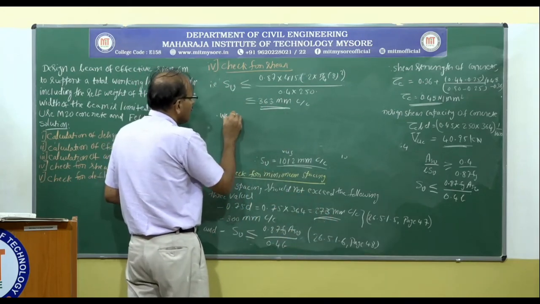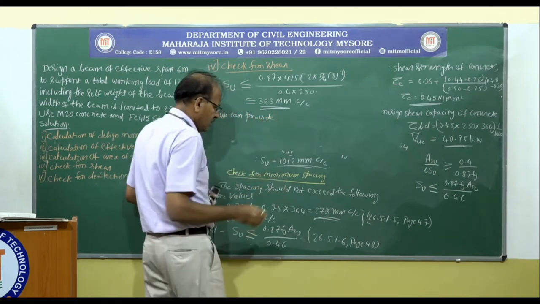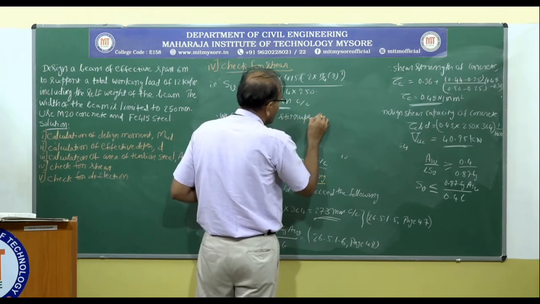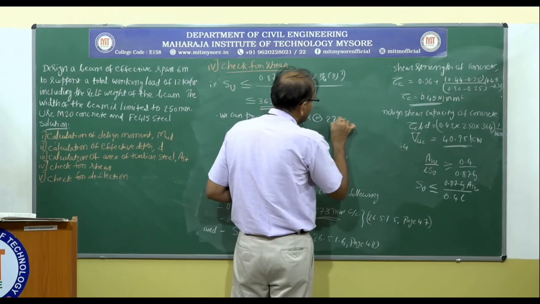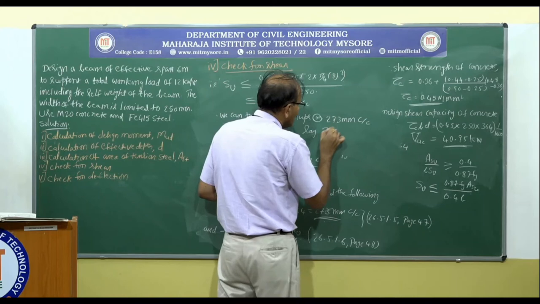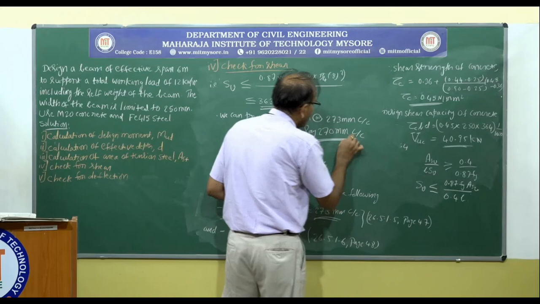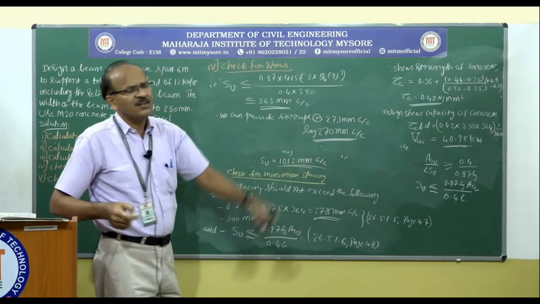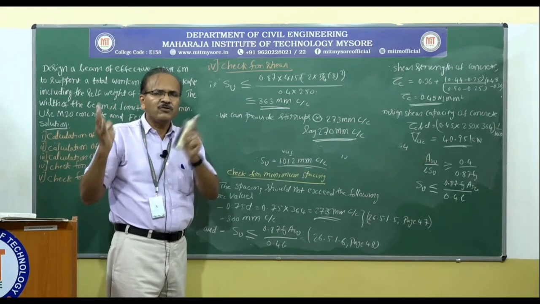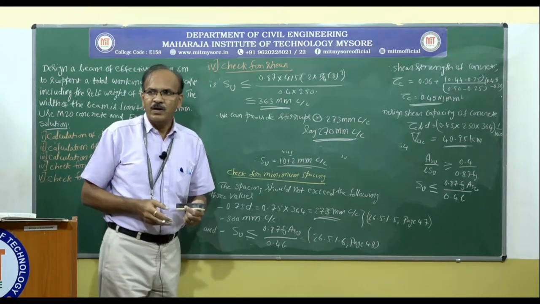Therefore, we can provide stirrups at 273 millimeter center to center, say 270 millimeter center to center. Okay, nobody is going to give this fractional value. So I am going to reduce the spacing from 273 to 270. That's okay. Is it clear to you?